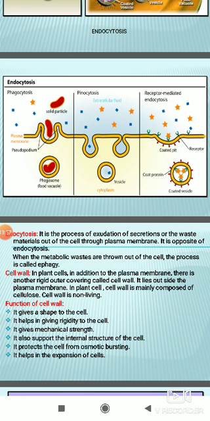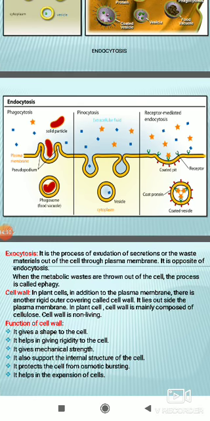So if it is any kind of secretion, or if they need to excrete any kind of harmful substance from the cell like gaseous products, then they undergo exocytosis. Okay, this is all about the types of transport and how the food materials or the fluid materials enter inside the cell, or are excreted outside the cell.